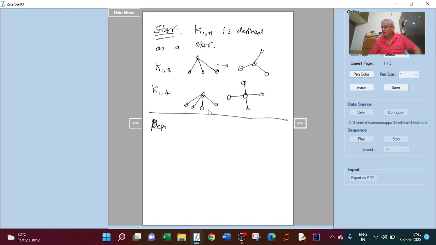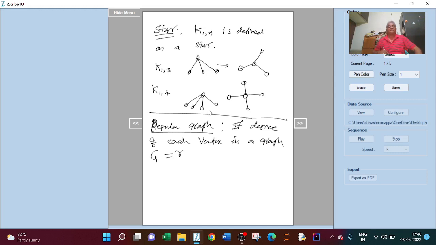Regular graph. So if the degree of each vertex in a graph G is equal to say R, then G is called an R regular graph.